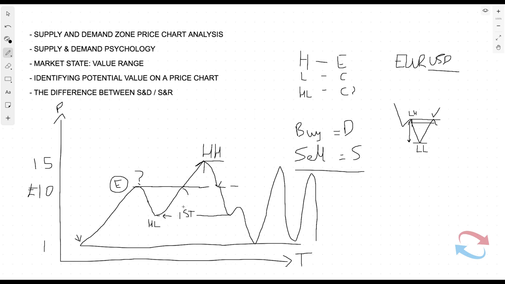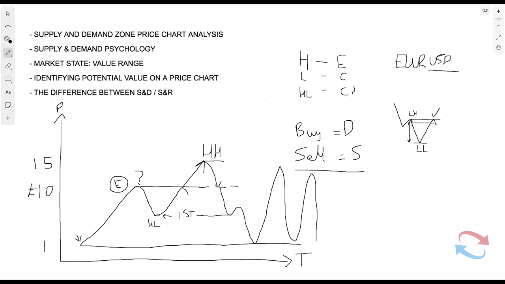Understanding value ranges, and applying this method to your actual price charts, and look for higher lows or lower highs to be the absolute bargain level, right? That's where you want to look to really trade.